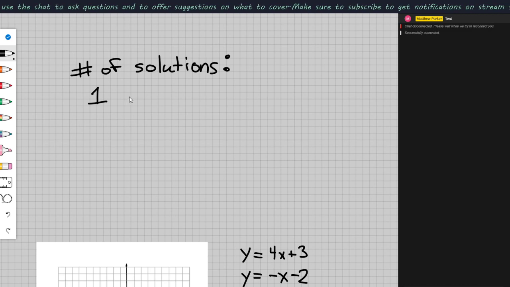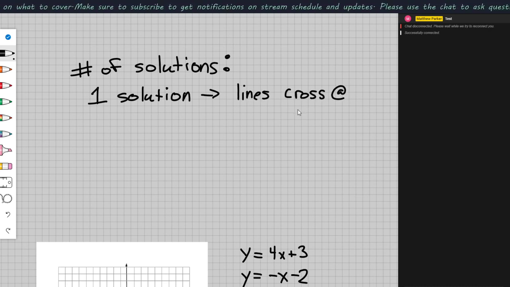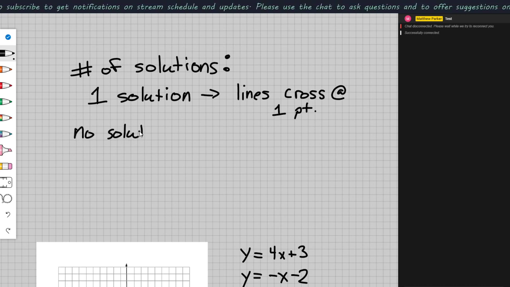For one solution, the lines will intersect. So there will be just one intersection, so the lines cross at one point. If you have no solution, that occurs when the lines are parallel.